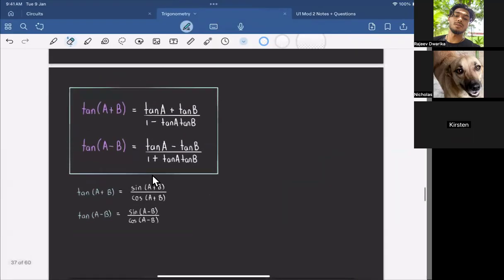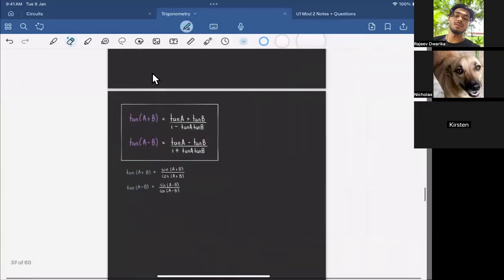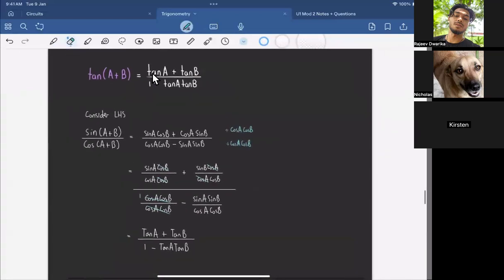Okay, so you're talking about this question here, number 2. I could re-explain it after you all copy this down.